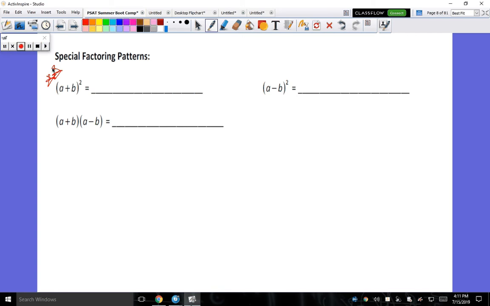What's A plus B quantity squared if I were to distribute and get rid of parentheses? So yeah, it's A plus B times A plus B. But if I were to FOIL this out with no parentheses left over, what would I write right here?